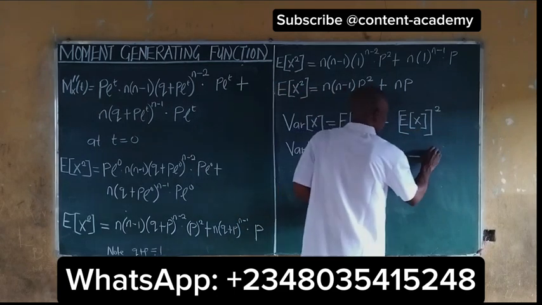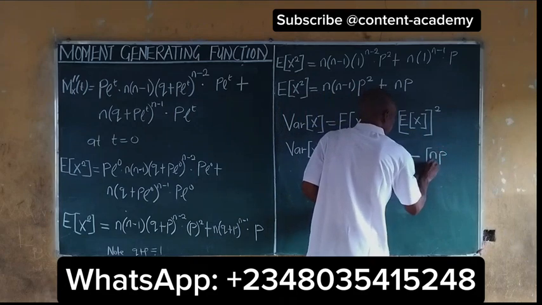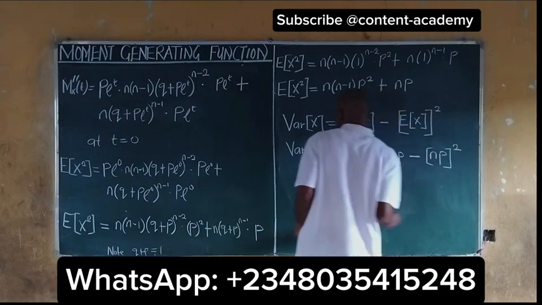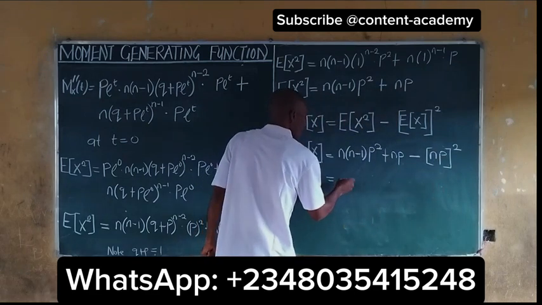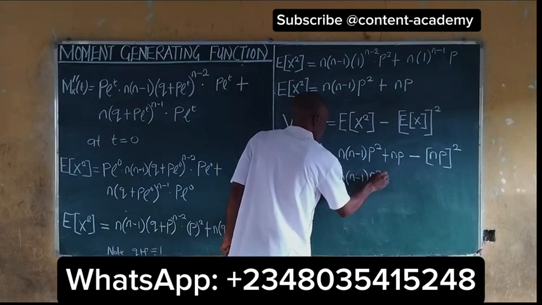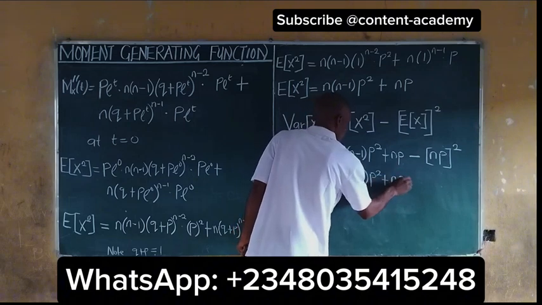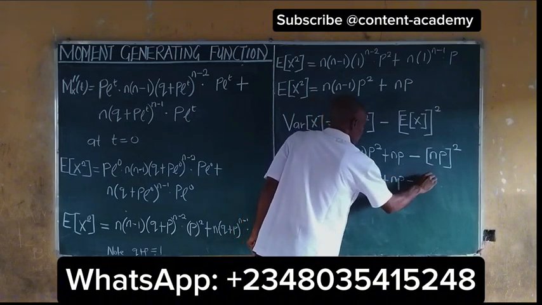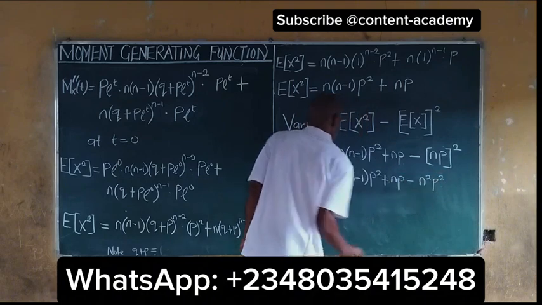So we now write np squared, which is the same thing as n into n minus 1 p squared plus np minus n squared p squared.